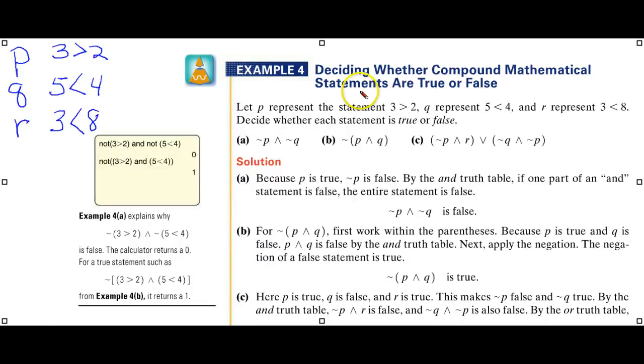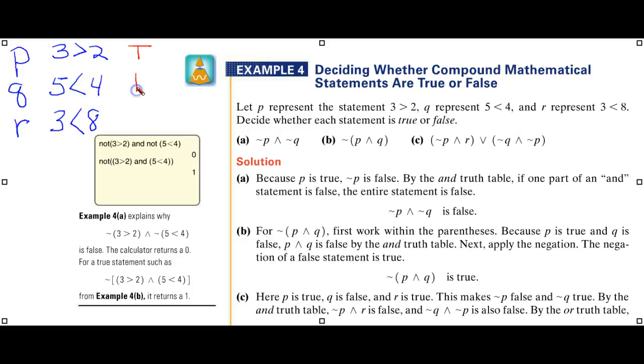Now to start us off in pieces, let's take a look at what they're saying. They're saying P represents 3 is greater than 2. Well, this is true. Q represents 5 is less than 4.